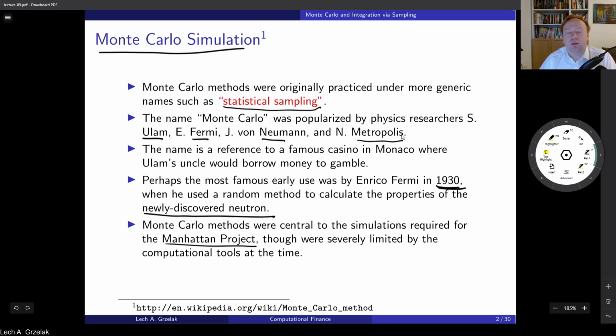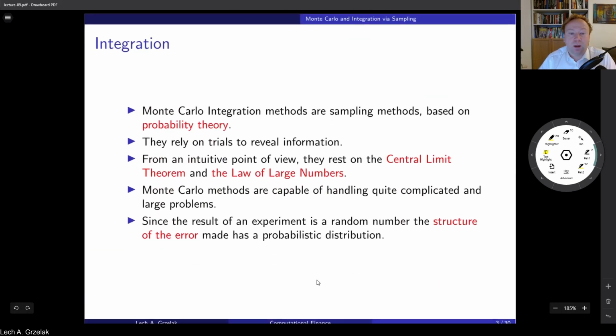As you see, the method originates from physicists and is associated with a famous casino in Monaco, where the story is that Ulam's uncle would borrow money to gamble. I'll refer you to the literature, the Monte Carlo method on Wikipedia, if you're interested in the history or the initial application of the technique.